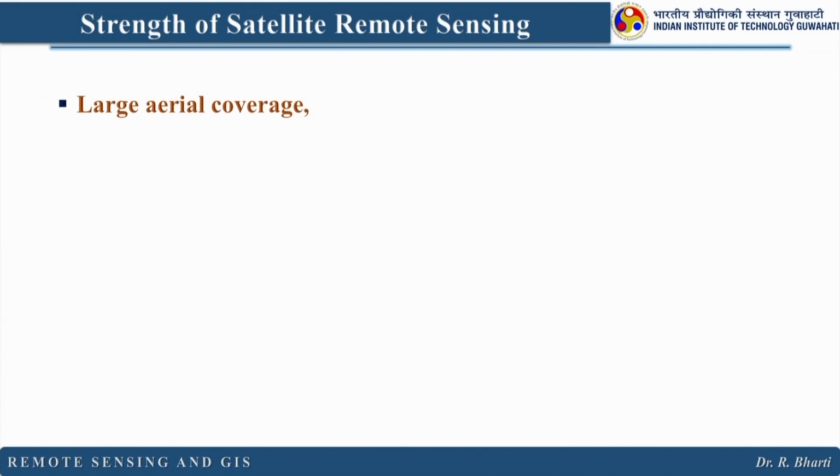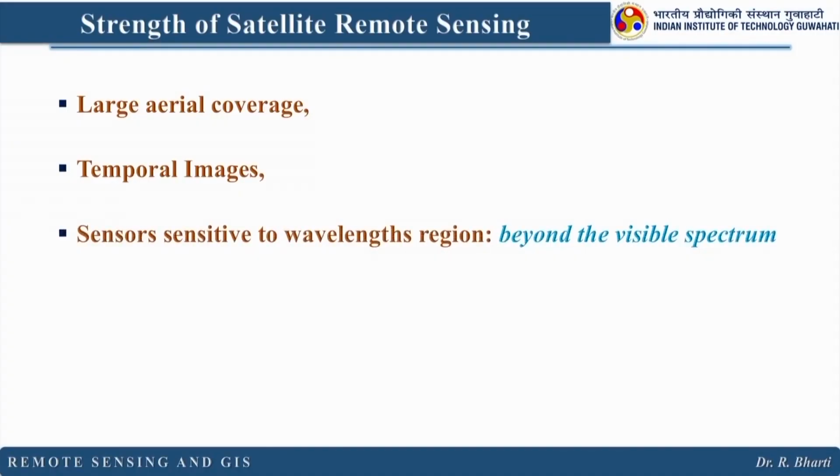Here you have large aerial coverage, which you can get only from space. Temporal images, that means how frequently you monitor an area. Sensors sensitive to wavelength region, and that is the best one that I would say, because our eyes are limited to the visible range, whereas these sensors are capable of measuring the energy reflected, emitted, backscattered energies in other wavelength regions also.